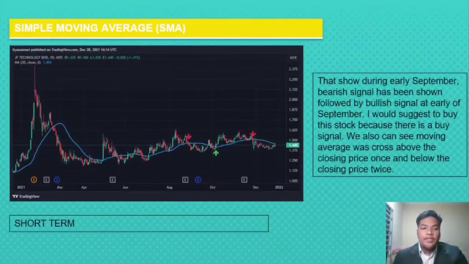So let's proceed with SMA and MACD for JF Technology Berhad. The buy and sell signal is the same as before, which is if the moving average line crosses above the closing price, there is a sell signal, and if the moving average line crosses below the closing price, there is a buy signal. As you can see, for short term, in the early of September, they start by bearish, but in the early of October, there is a bullish signal.